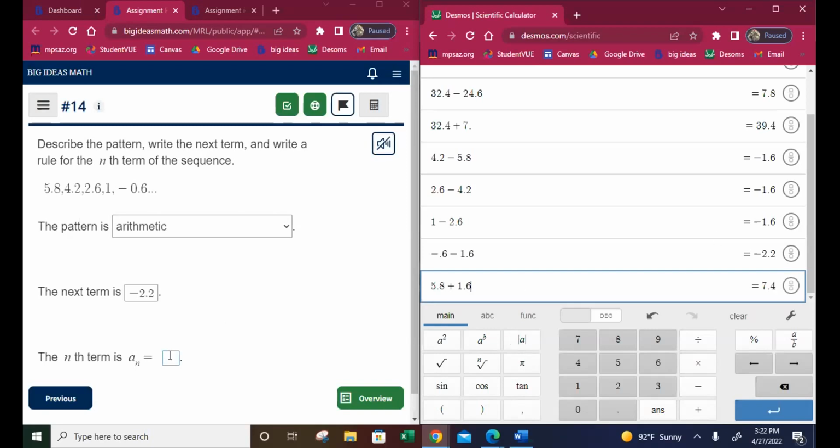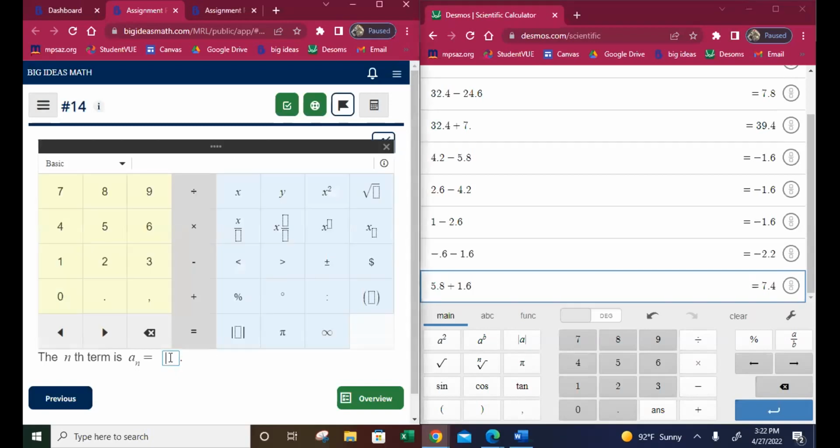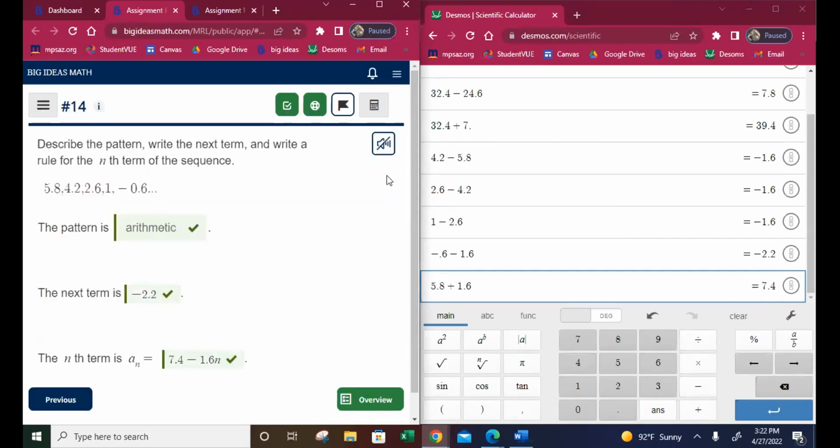So it's 7.4. This time though, it's minus instead of plus, minus 1.6 times n. There it is. Okay, and that was it.